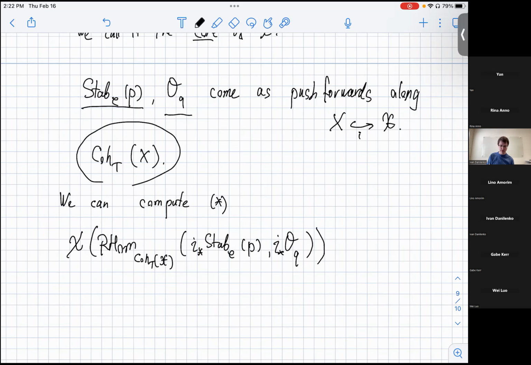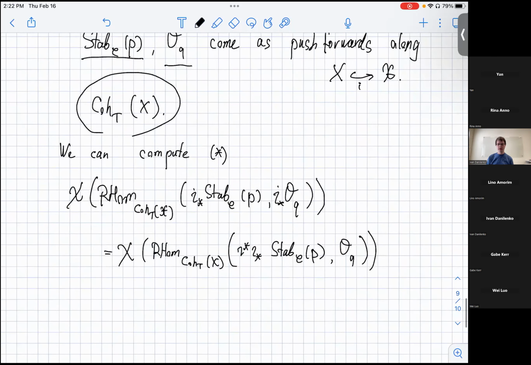I want to compute this, and this is just the Euler characteristic of our Hom of the pull-push stable envelope, as an object in coherent sheaves on the singular X, to the structure sheaf of the point.